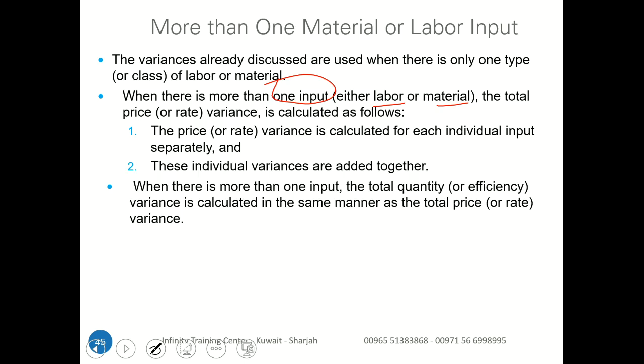Same like that, for every type of labor you will do the price variance, and for every type of labor you will do the efficiency variance. Then add all that together, and you will get the total variance. So there is no new thing we are studying here. Just find out the variance for each input and add that together, and you will get the total variance.